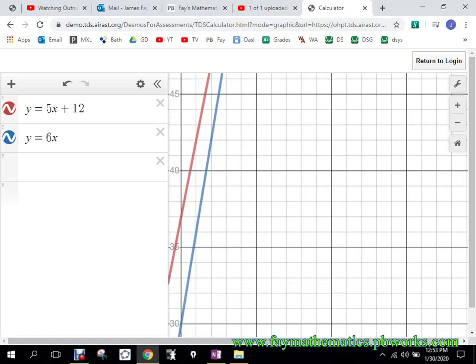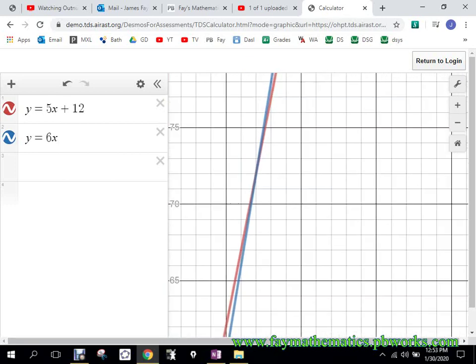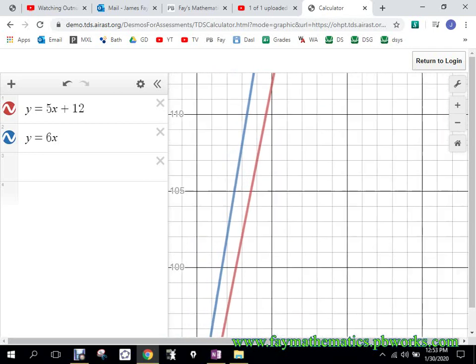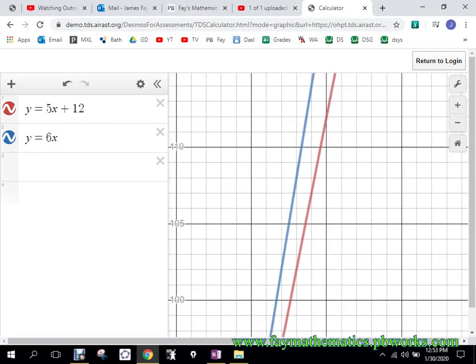But let's say that you know you're going to take more than 12 classes. Maybe at this point right here, where my cursor is at 18 on the x-axis.